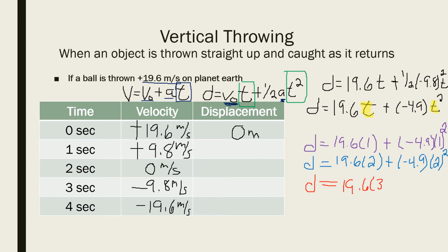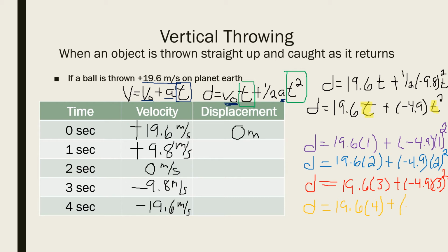And once you get it like this, you just type that in your calculator. There is nothing to worry about. Just type these numbers in. That is all you have to do. Notice the initial velocity never changes.